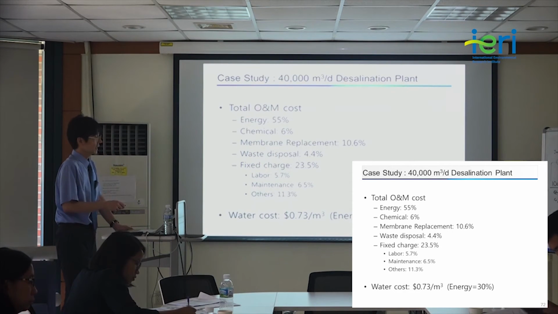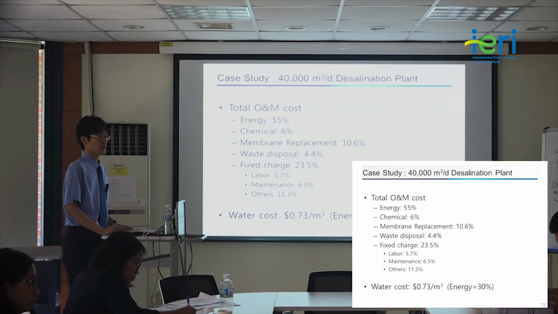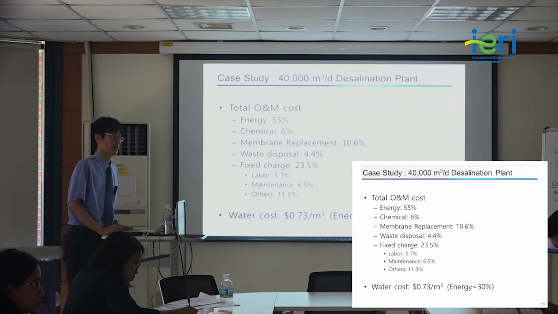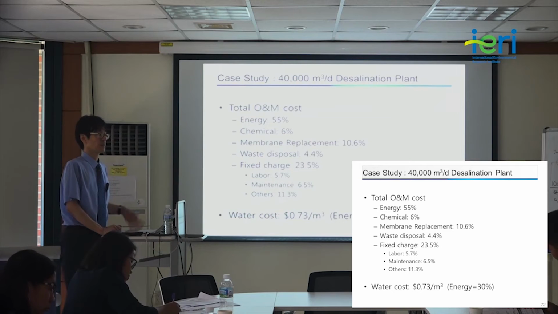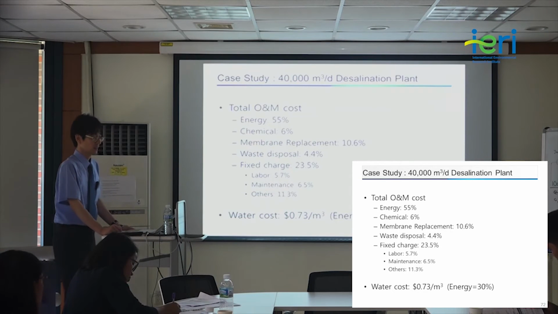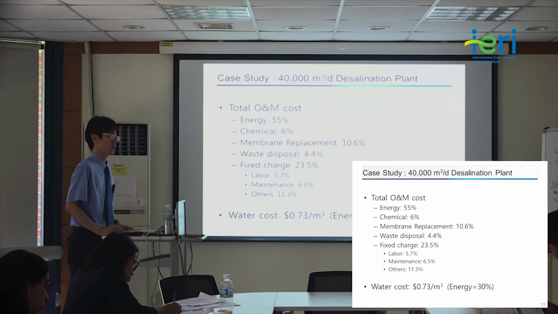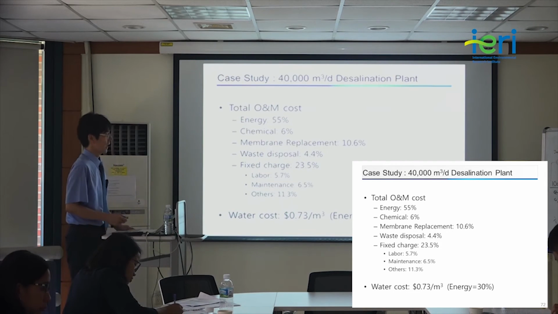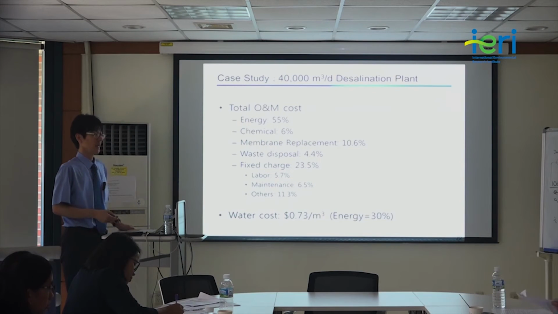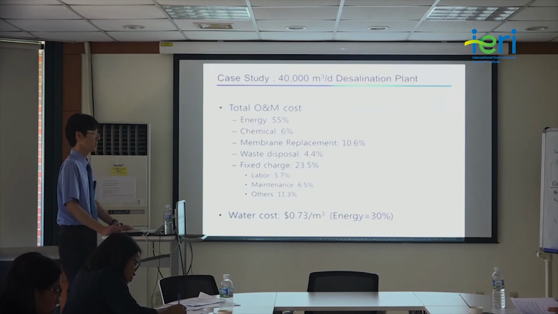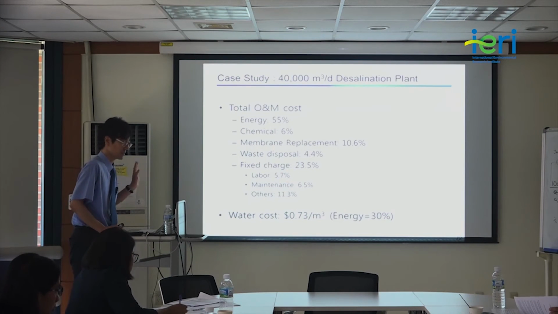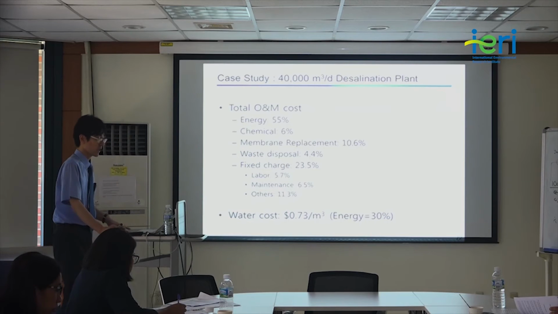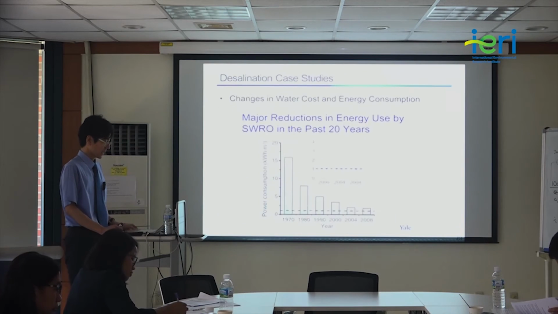So it means that if the energy cost increases by 10%, for example, the electricity cost, which sometimes changes depending on the energy status, the total water cost will change by 3%. So again, energy is a very important part, and that's why we have to look at that.